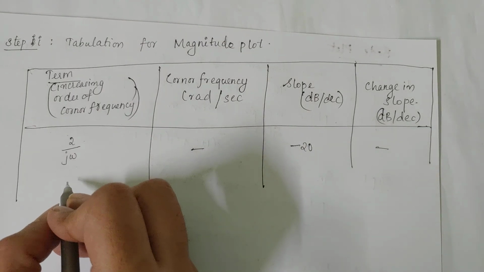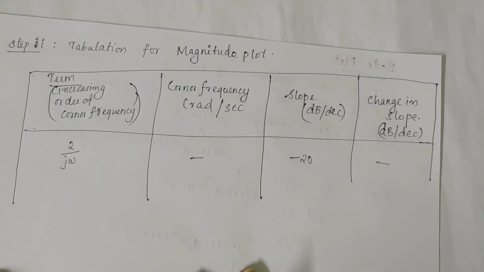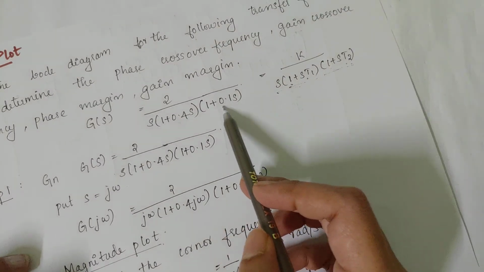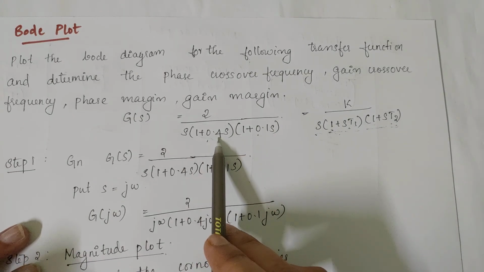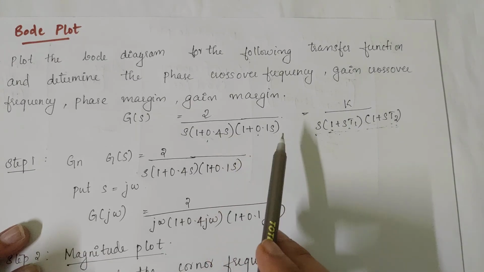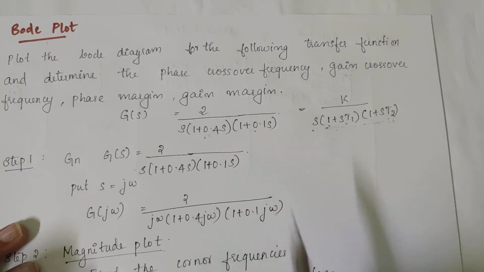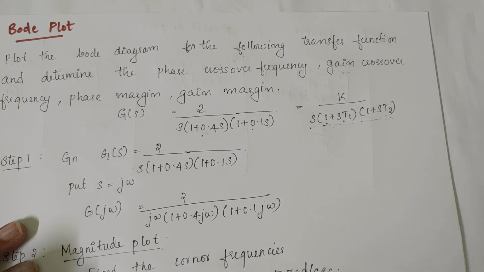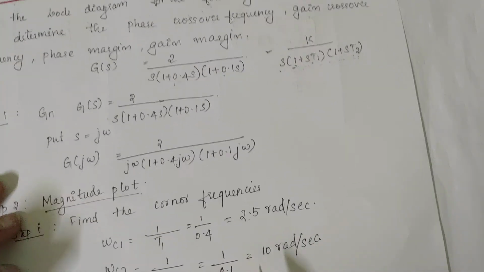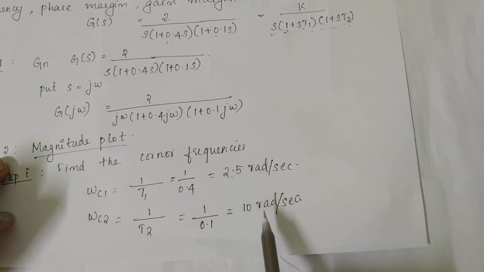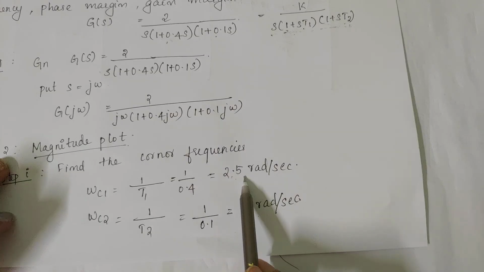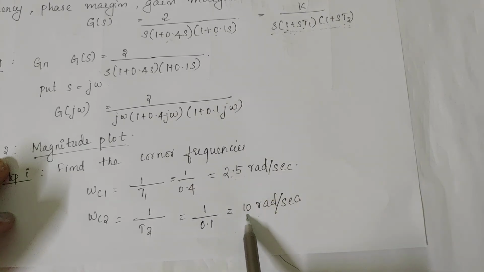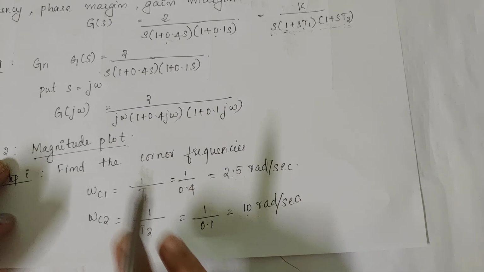Okay, so next step, I can take both 1 plus 0.1 s and 1 plus 0.4 s, but I should take them in the increasing order of the corner frequency. We have two corner frequencies, 2.5 and 10. So I should take the one with corner frequency 2.5 first, then corner frequency 10.